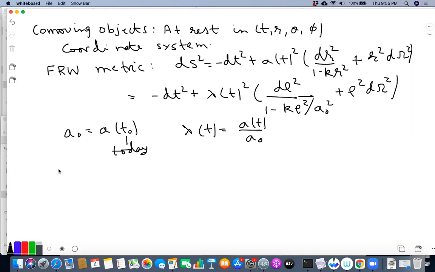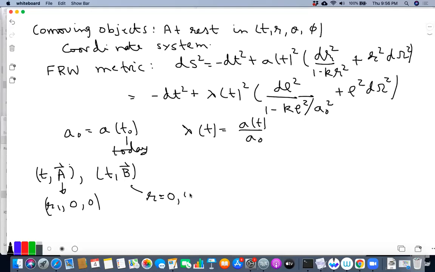So today we'll also introduce another notion, namely co-moving distance. Let's suppose that we have two space-time points at the same time, t_A and t_B, and we can take point A to be at r1, 0, 0 and the point B at r equal to 0, theta equal to 0, phi equal to 0.